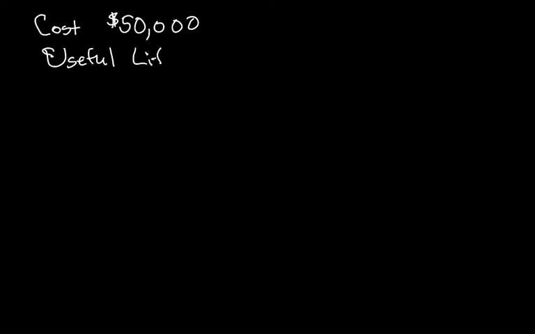So the first thing you want to do, write down our information. The cost of the asset is $50,000. They have a useful life of 8 years, and they have a salvage value of $1,000.